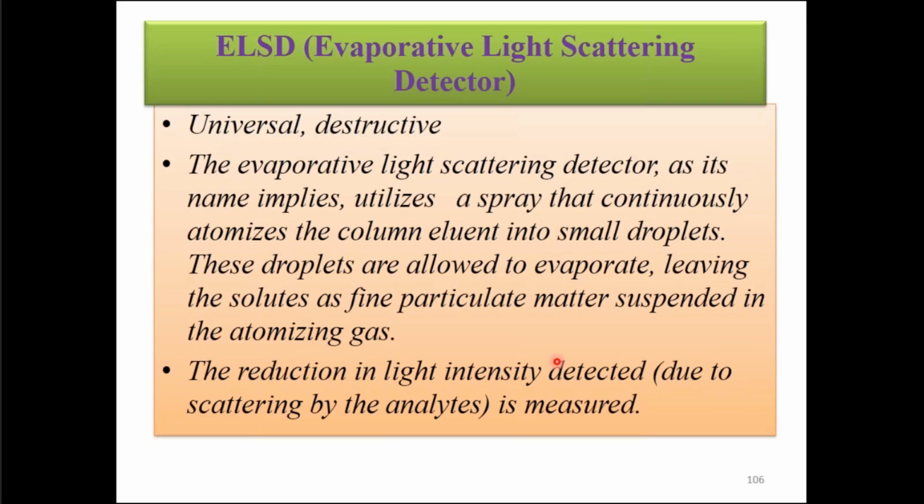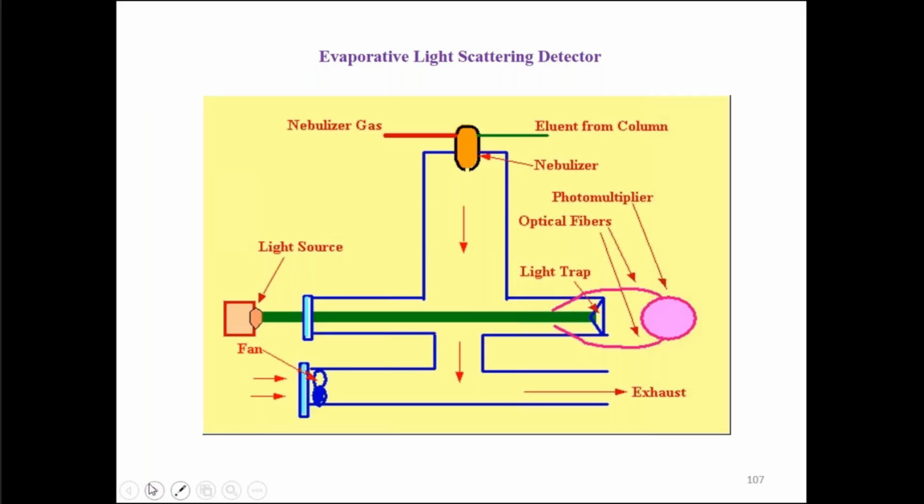You have 100 photons of light falling on the particles. The particles scatter, say, 10 photons, then the remaining 90 will fall on the detector, and that gets recorded. So there will be a decrease in the intensity of light, depending on how many particles you have. If more solute has eluted, then more solute particles will be there, more scattering, and less light detected. This is another picturization of the same.